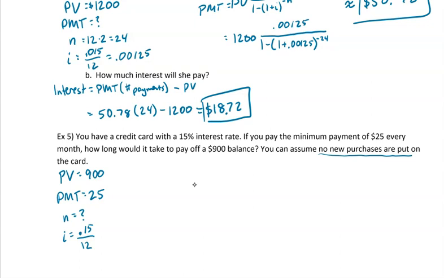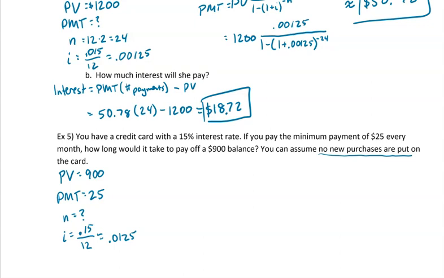All right, again, in this case, I is a nice number, and I'm going to show you in just the next example what happens when I isn't a nice number. But in this case it is, so we can go ahead and write that. 0.0125 is what it's going to be.